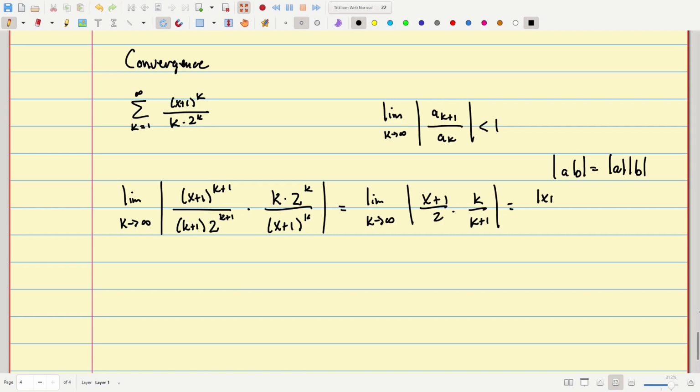Also, x plus 1 and 2 don't have anything to do with this limit. This limit only cares about k, right? And I can drop the absolute value on the inside because that's going to be a large positive number. If you write the absolute value, it's fine. It's not going to change anything. What's this limit?